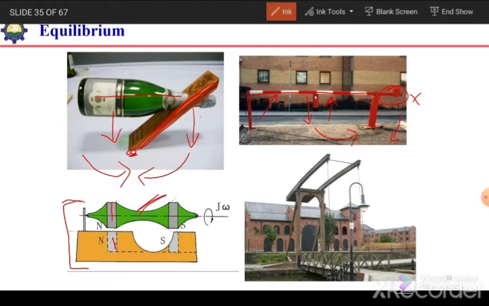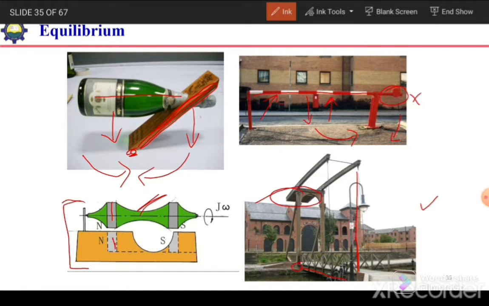Here in this figure we have a movable bridge. If we want to lift the deck of this bridge, it will be very difficult. We need heavy machinery, heavy equipment to lift this deck slab. But if we use the concept of equilibrium and apply a counterweight at the back side and attach this deck slab on this side, here we have a pivot point.